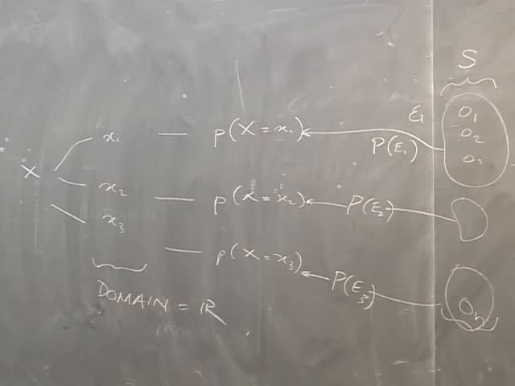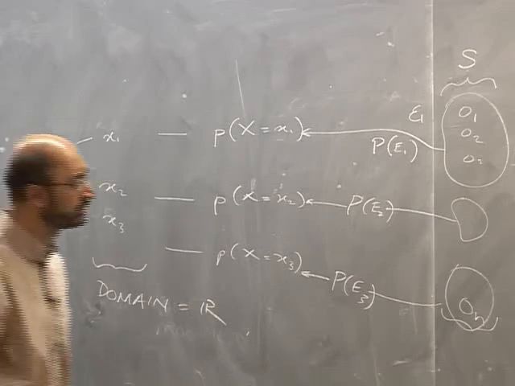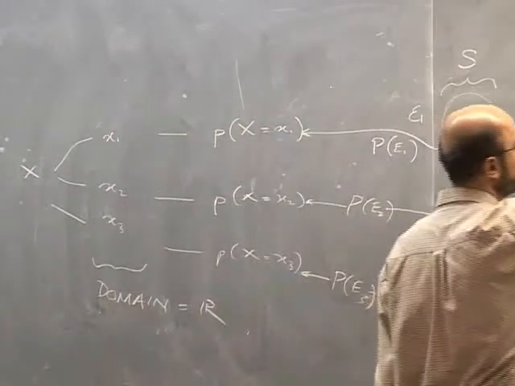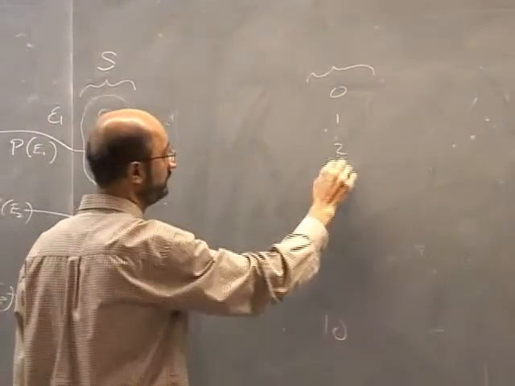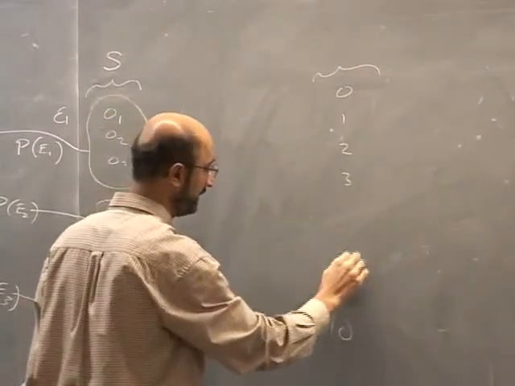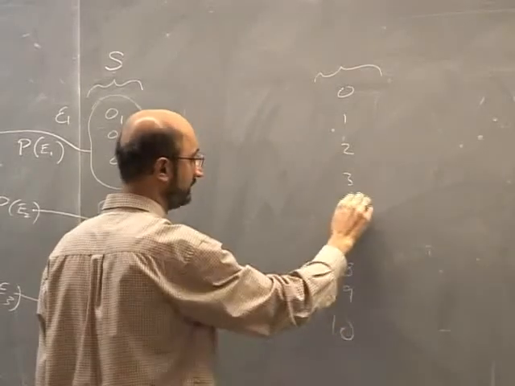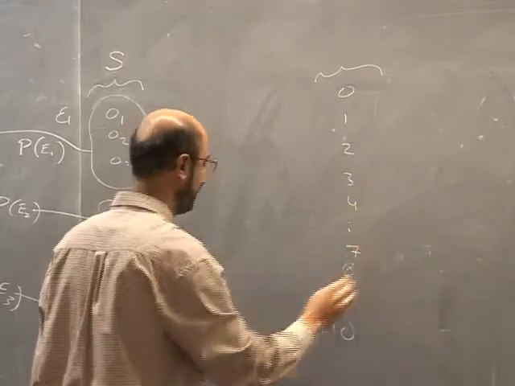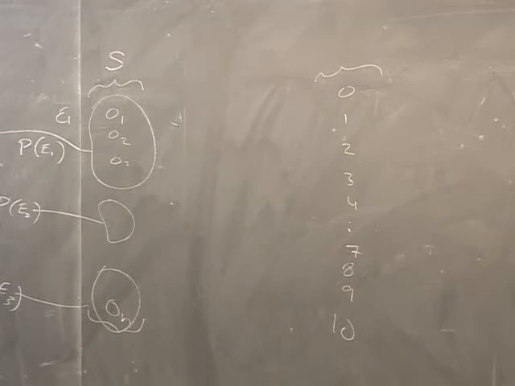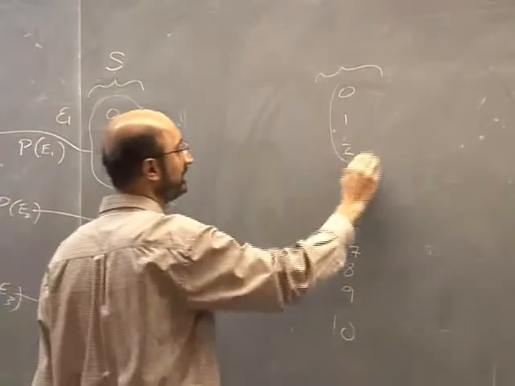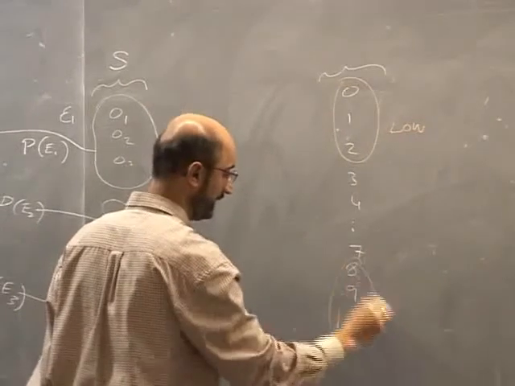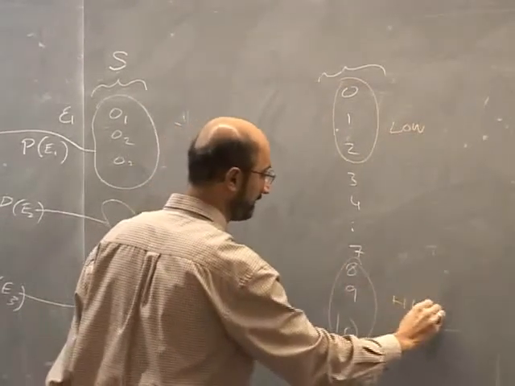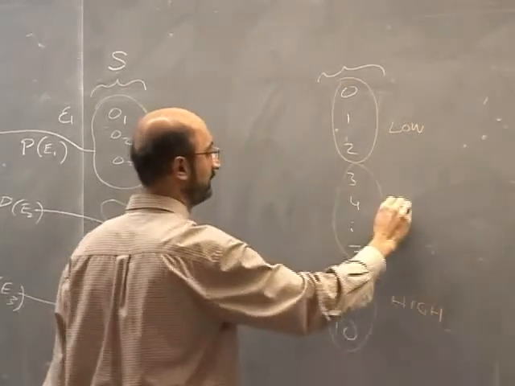To make this clear, let's look at the buffer occupancy. The buffer occupancy was in the range 0 to 10, so it is 0, 1, 2, 3, all the way, let me just draw 8, 9, 10. If you remember, we had these events where we called this event the low event, this event the high event, and this the medium event.